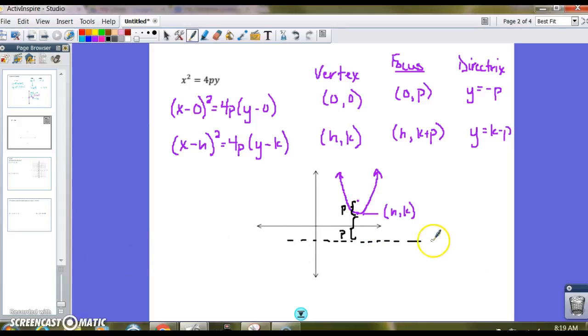Okay, and so the equation of that line would be y is equal to whatever that k value is minus p. And then your focus, which is here, is whatever that h was, and then you add p to that k value. And we'll do a couple of examples, but that's the idea behind moving that parabola.